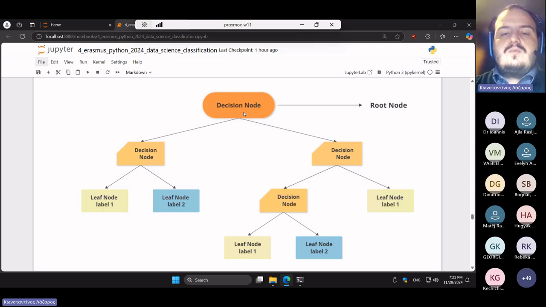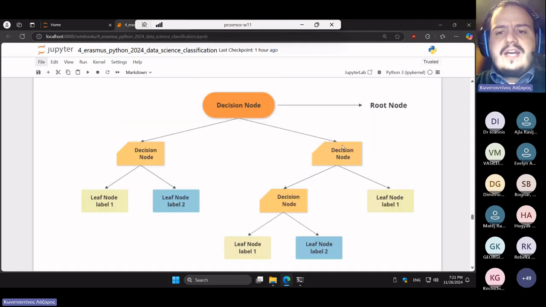And then we check what happens for the samples within our data set. So if the value for this particular feature is lower or equal to the threshold, then we say that yes, it is lower, so we move to the left of the tree, for example. Or if it's not, if it's greater, then we say no, it's not, so we move to the right side of the tree.